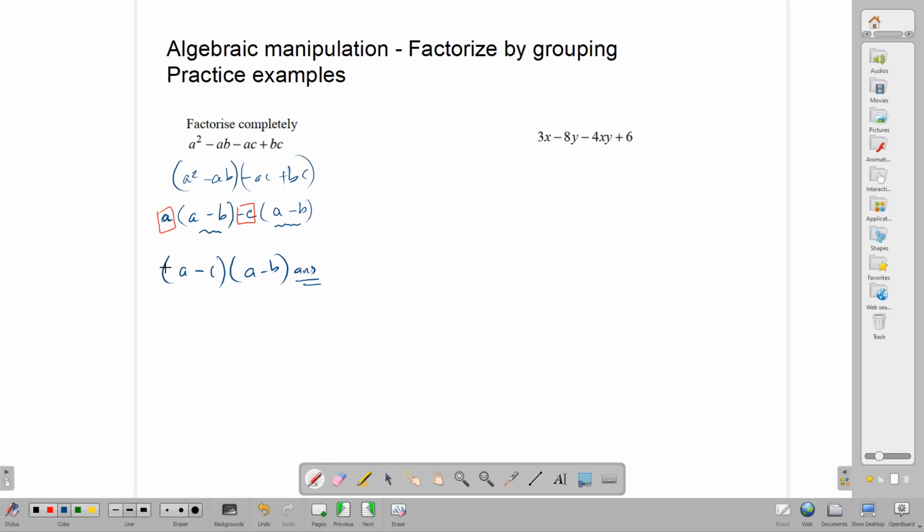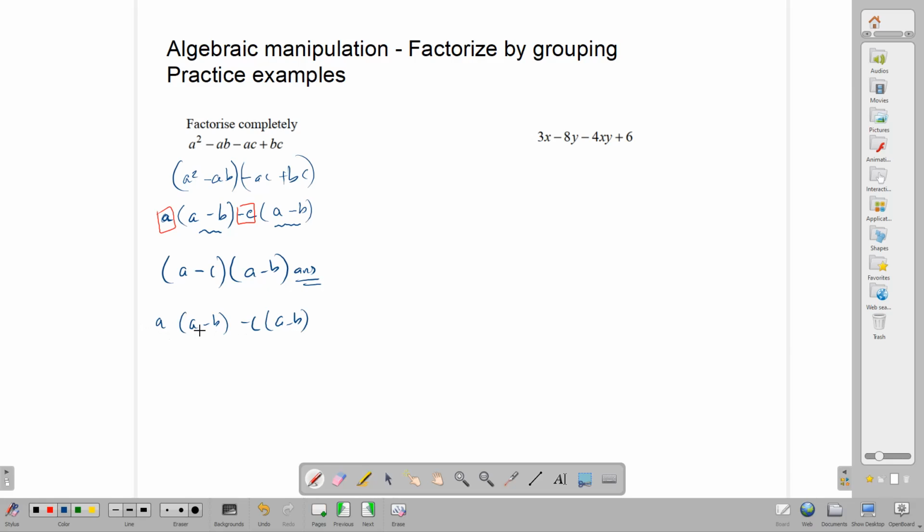If you wanted to prove your answer, then you could apply bracket multiplication to this answer and obtain your question, just to show. I'm going to do it now, just to show that the answer is correct. So I'm going to take this a, multiply that bracket, and take this minus c and multiply this bracket.